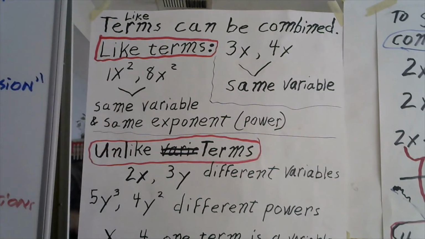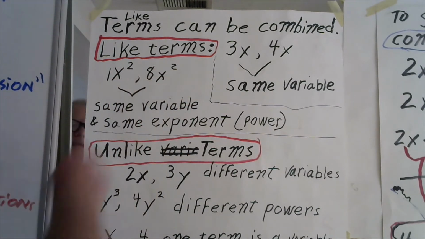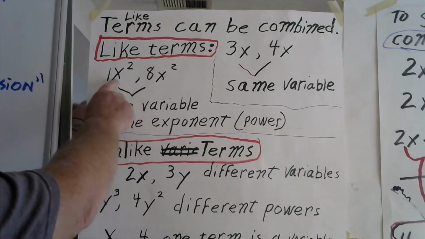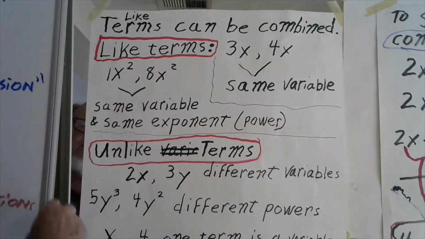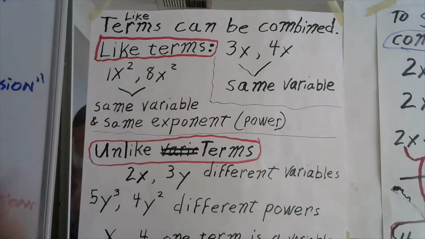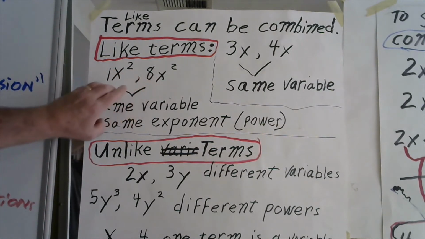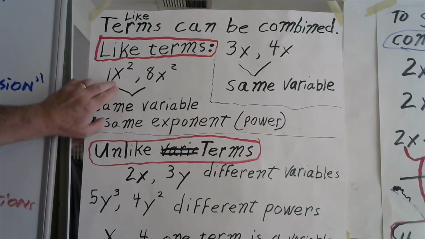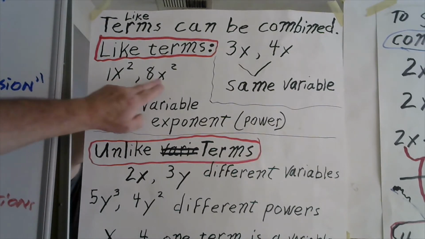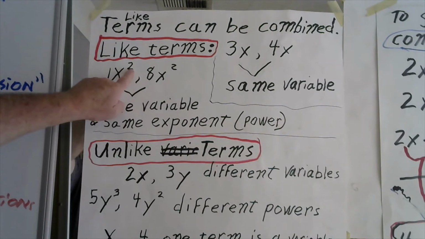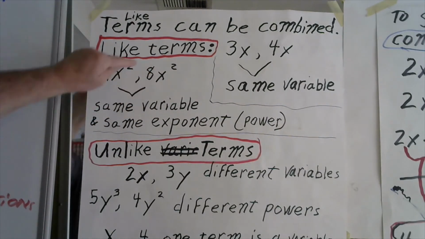Like means that they're similar, so like terms are compatible. The terms 1x squared and 8x squared are considered like terms. We could add them together because the variable is the same and the exponent is the same.